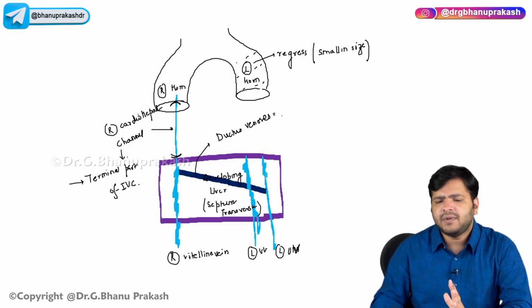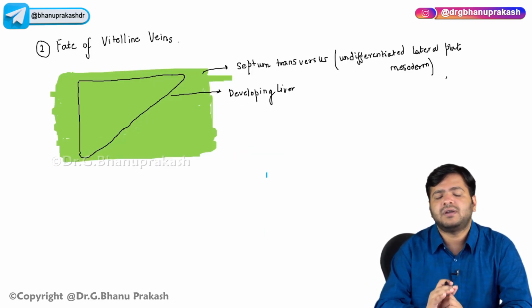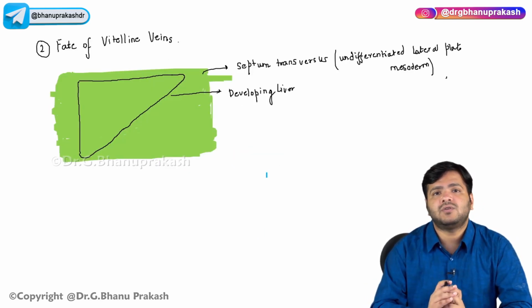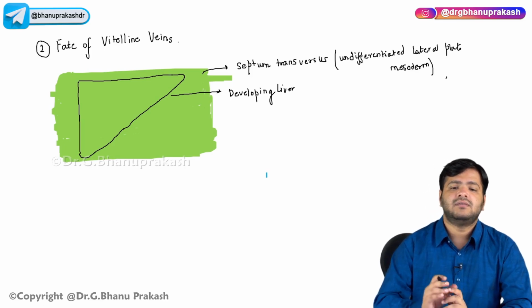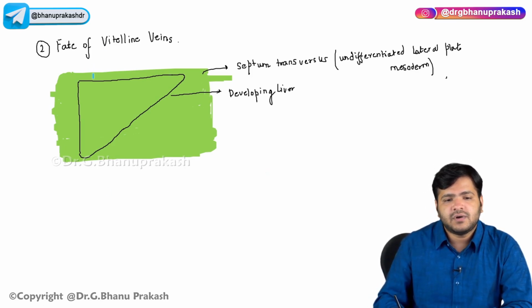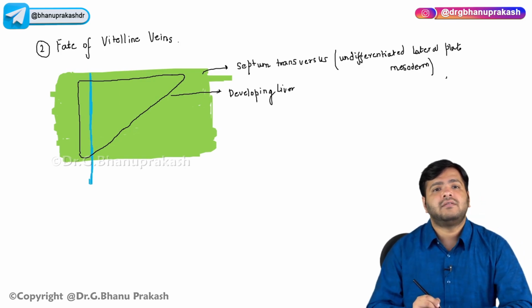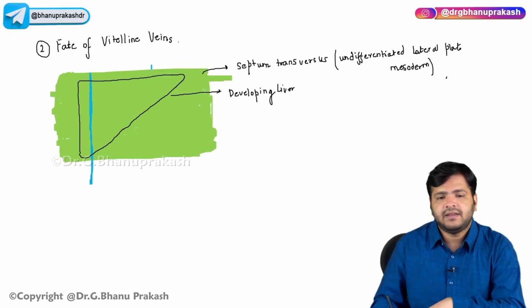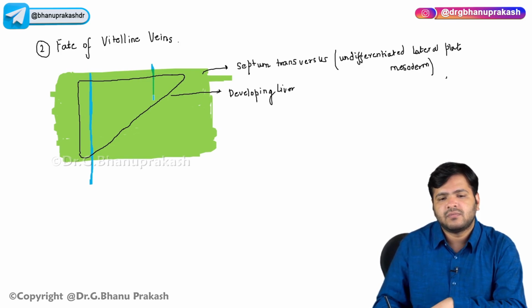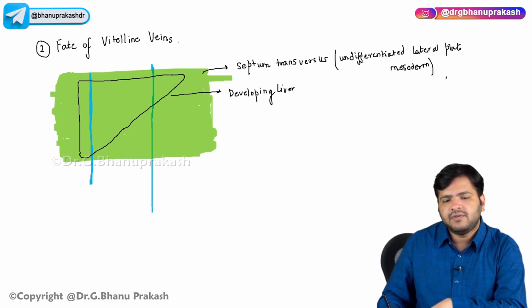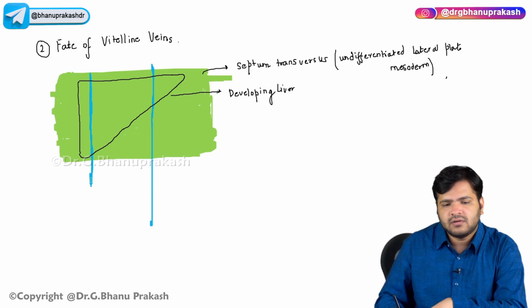As I am not considering the left umbilical vein in this particular picture, I will consider only the two veins over here. This vein which I am drawing is the right vitelline vein, and let us suppose this is the left vitelline vein.